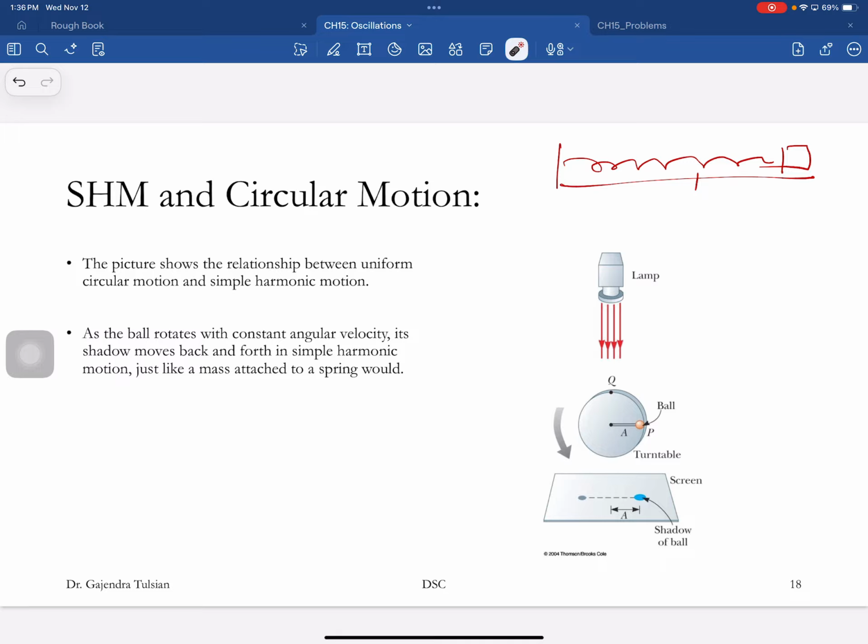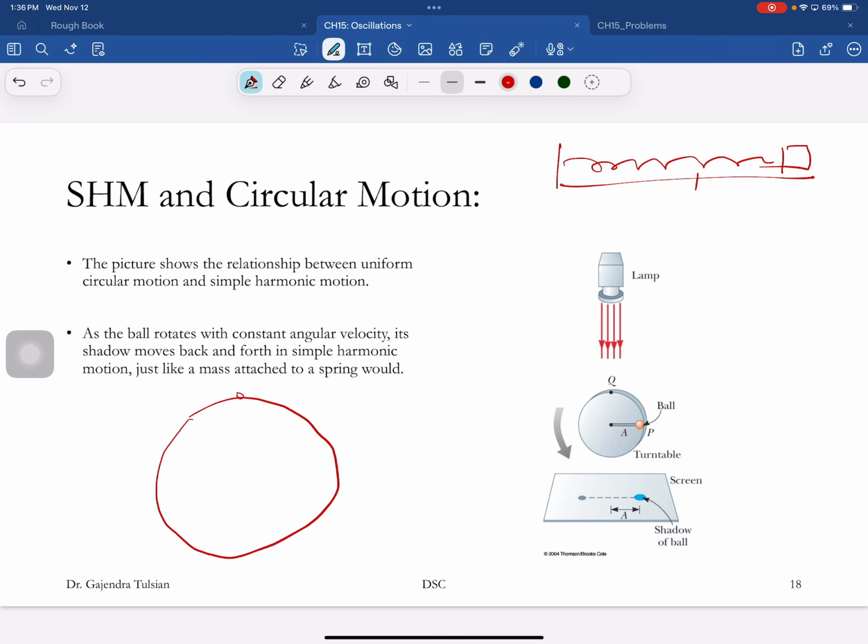If something is going in a circle at constant speed, uniform circular motion, it turns out that this is related to this motion. You would never guess that. At first blush, nobody would guess that. But it turns out that if you're going around in a circle at constant speed, this is related to that.